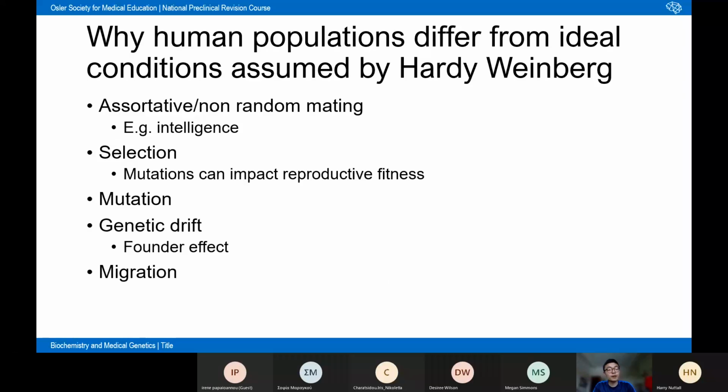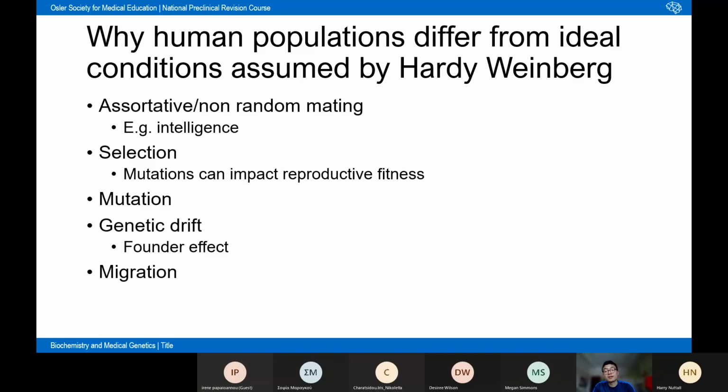Okay, so it's important to note that although the Hardy-Weinberg equation puts out quite nicely a prediction of the proportion or frequency of genes within the population, these conditions don't actually occur in real life in human populations, and this is for several reasons. Firstly, there tends to be assortative or non-random mating.